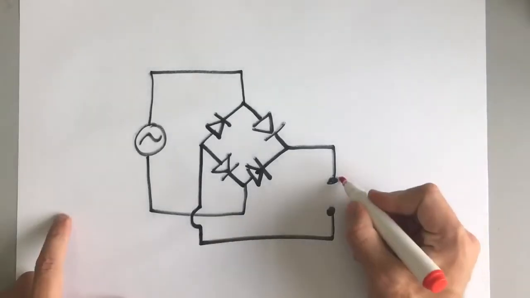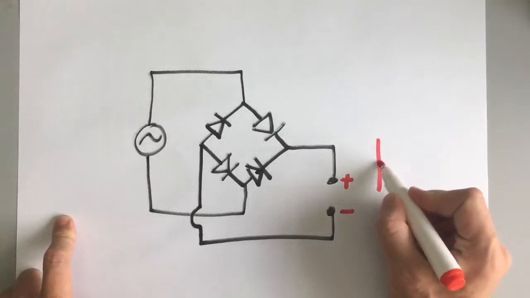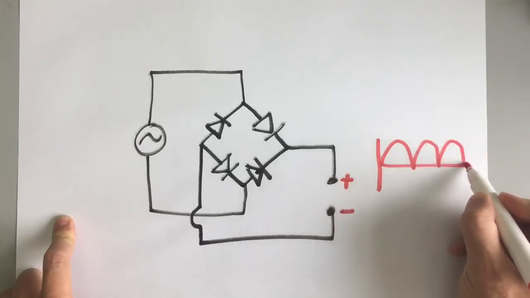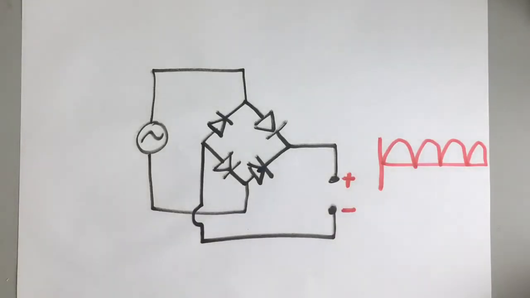But what you end up with is this always being positive, this always being negative, and the output wave turns both positive and negative parts of the AC.